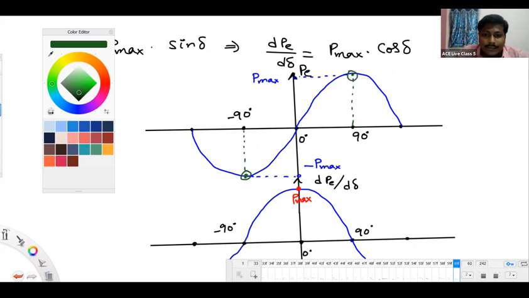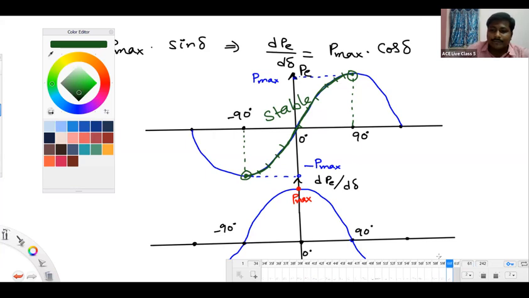Right. So in this region, we have the positive slope. Are you all getting it? Starting from minus 90 degree to plus 90 degree, we are going to get positive slope. So if you lie anywhere in this region, we will say that the system is stable. Okay, so I'll write it in other words.